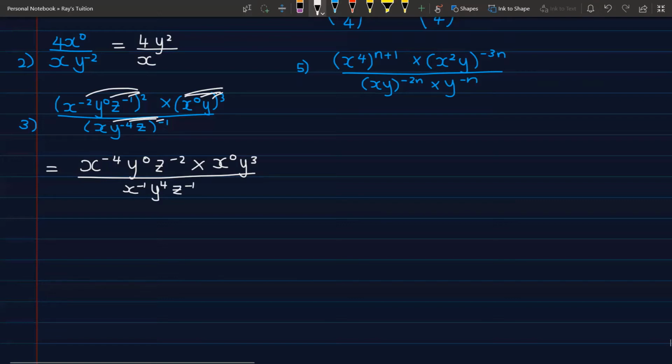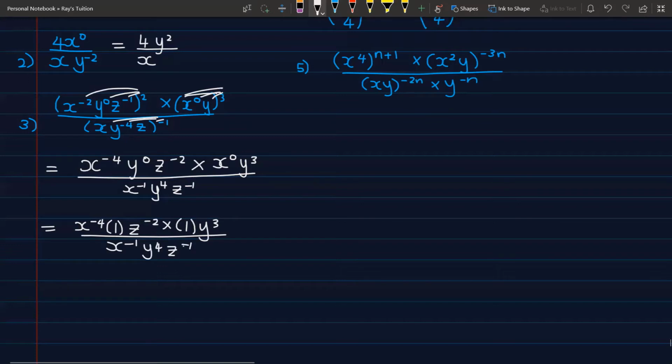So in the next step, I'm just going to replace these powers of 0 with 1. So this is x to the minus 4 times 1, z to the minus 2 times 1, y cubed, all over x to the minus 1, y to the 4, z to the minus 1.